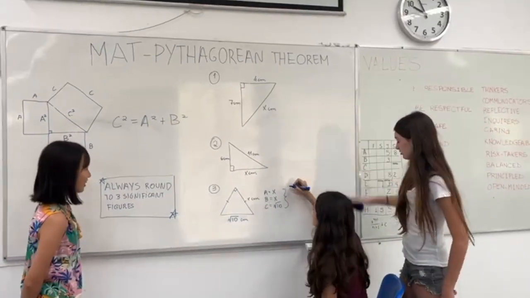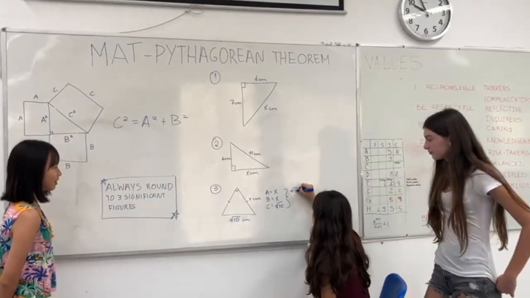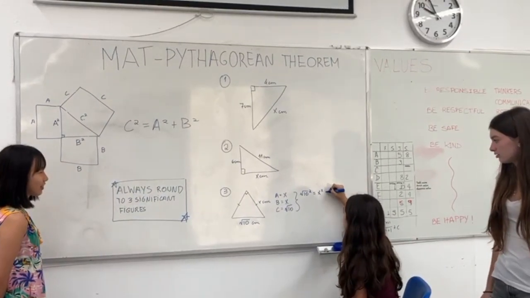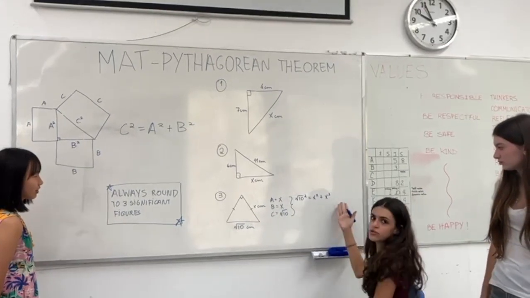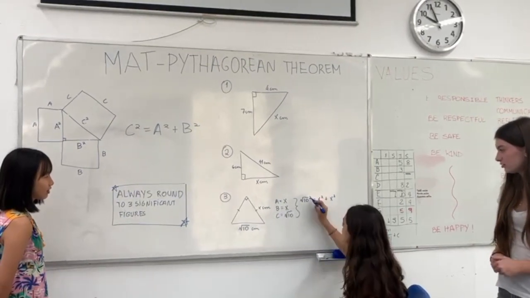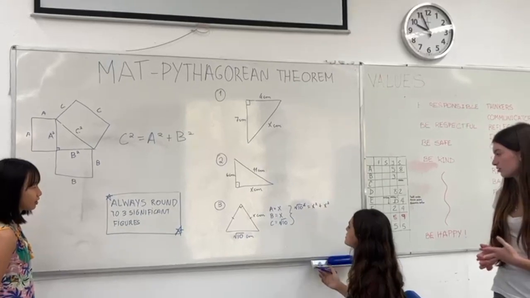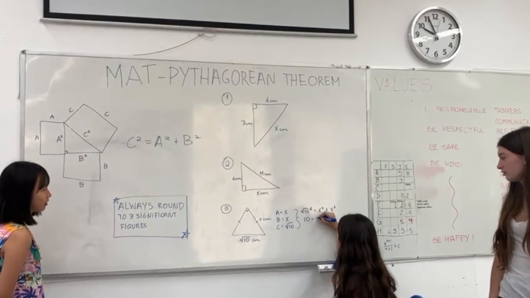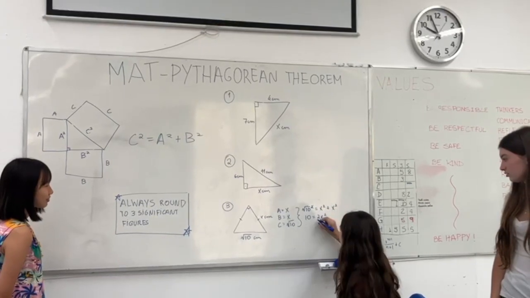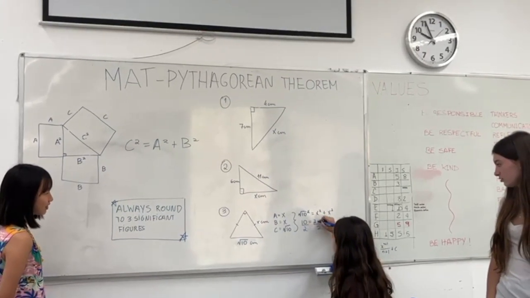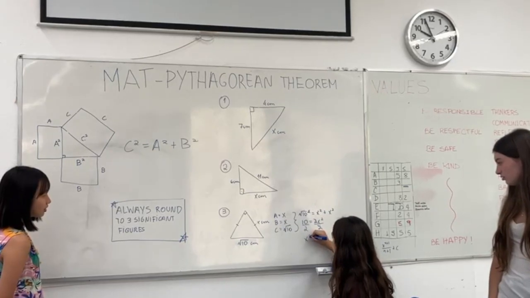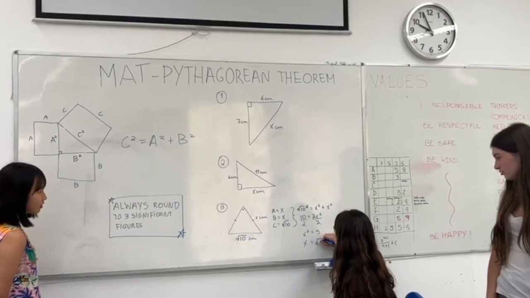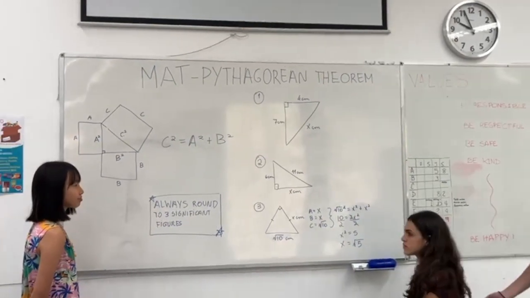Using that equation, we do the square root of 10 squared equals x squared plus x squared, which is 2x squared. Knowing that, we cut both out because they're opposite operations, so 10 equals 2x squared. Divide both sides by 2. So x squared equals 5, and therefore x equals the square root of 5, which we can simplify since it's an irrational number.